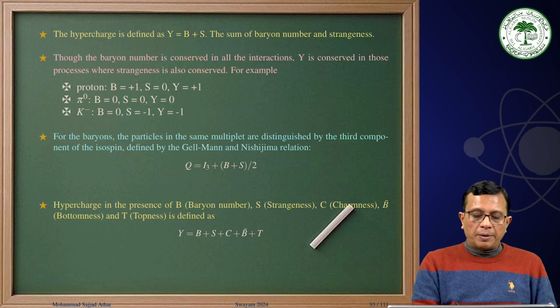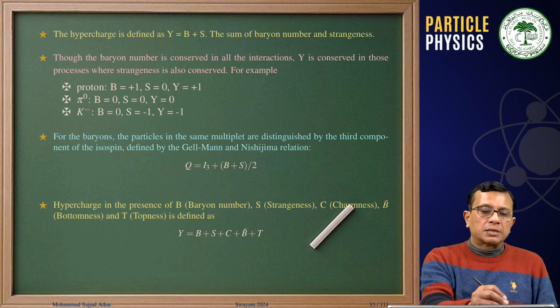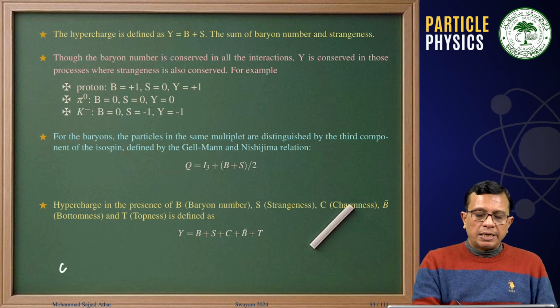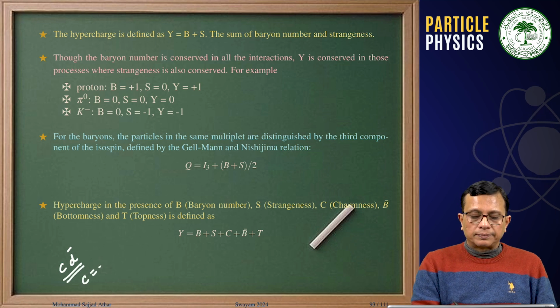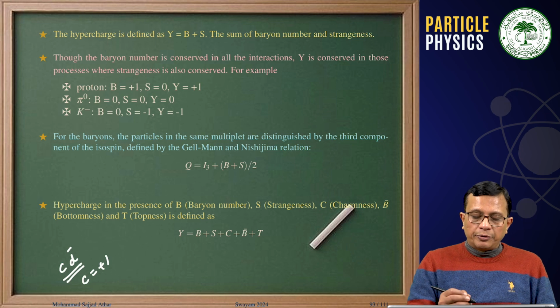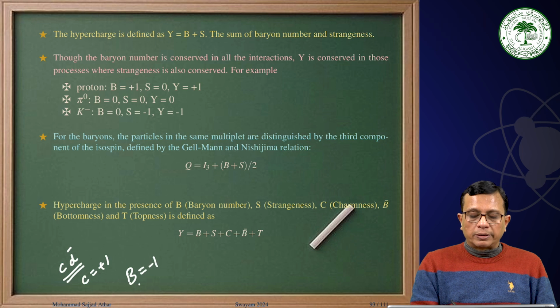For example, if I am talking about a particle which is made up of c d bar quarks, then the charmness quantum number is plus 1. While if you look at my previous lectures, for bottomness, we assign the bottom quantum number to be minus 1, topness quantum number to be plus 1.